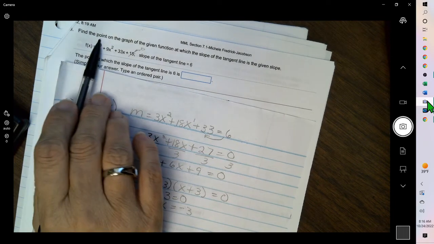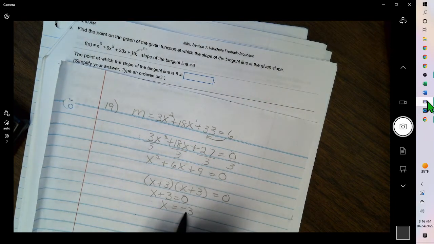They wanted the point, not just the x value. X equals -3.